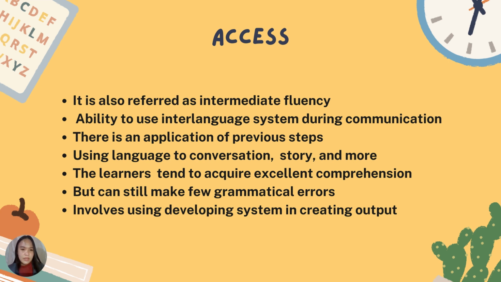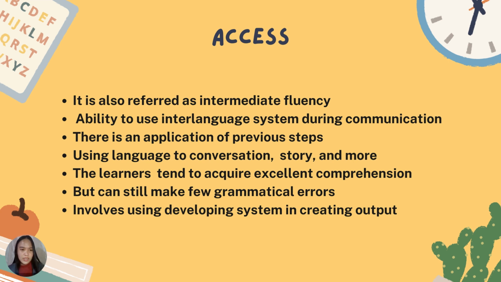And okay, there is now an application of what we have learned. So we use it in a conversation where we're trying to talk with or chat with our friends or basically tell a story and all. Next, the learners tend to acquire excellent comprehension.